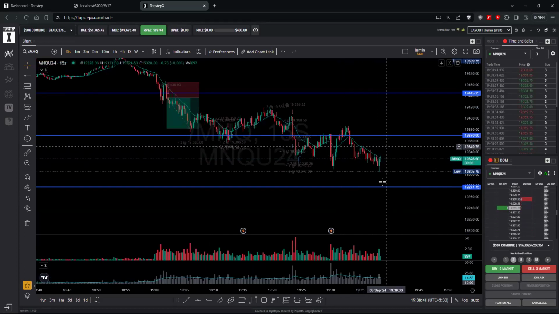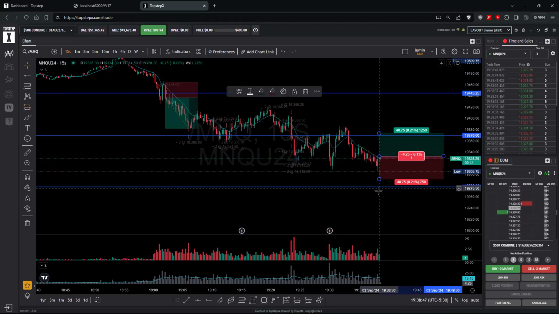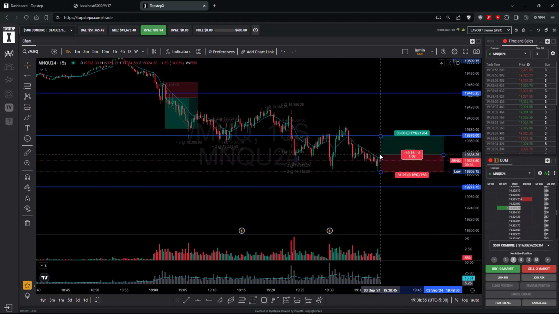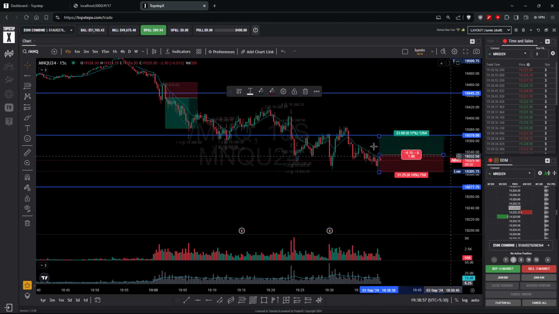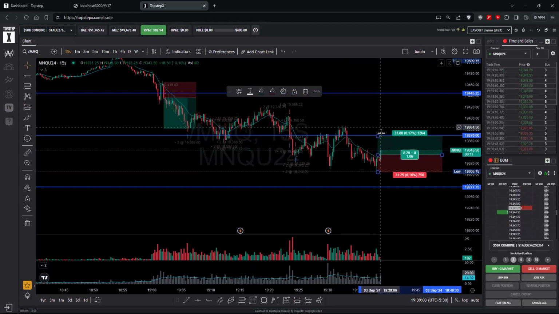My target is not making sense. If I enter here, I have to put my SL here. No, no, no. I cannot enter long here because if I enter, the risk reward is not making any sense. So I cannot enter longs until the price comes above this level. Then I can target the next level.